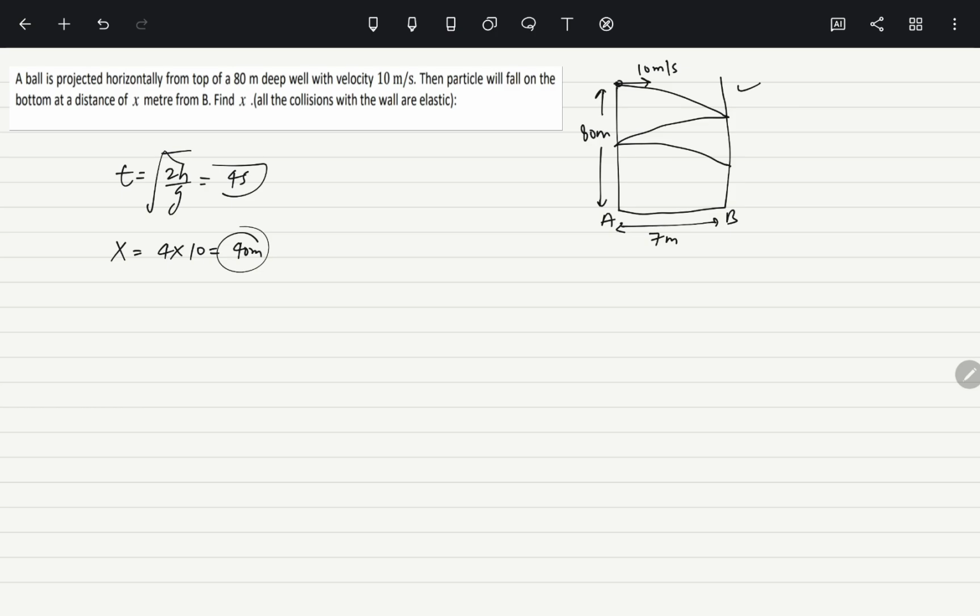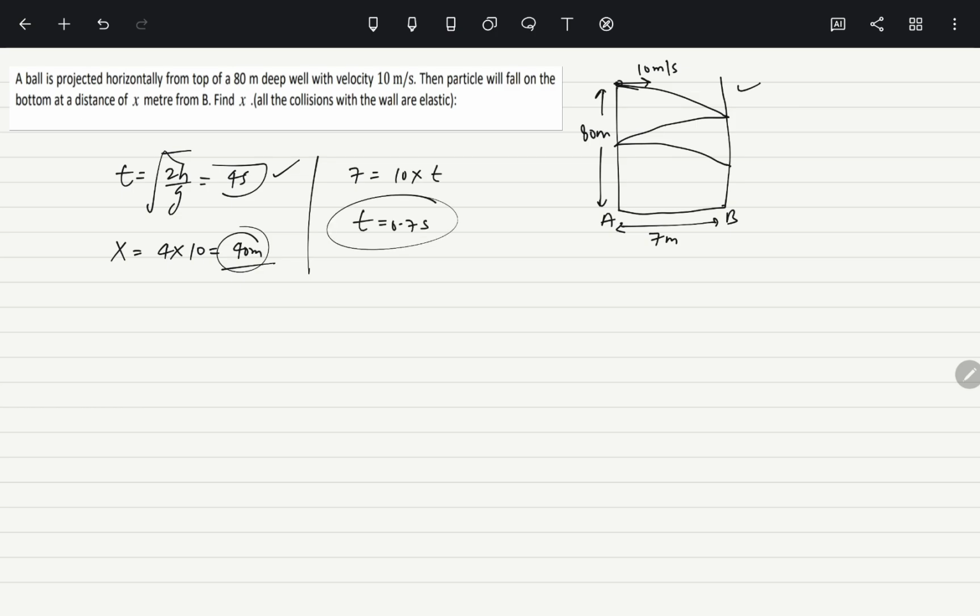So we can see that whatever the horizontal displacement is, the same displacement will be covered, or in terms of time of flight also we can say that. So as you can see, how much time will it take to cover the 7 meter distance first of all? Distance equal to speed into time, so the time will be coming as 0.7 second.